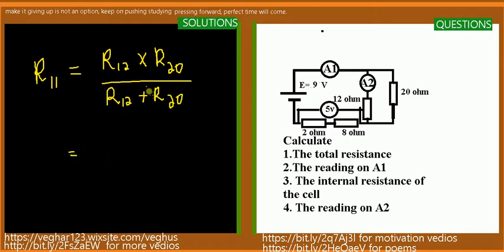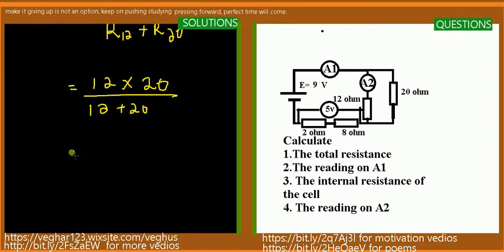So adding these two, we'll have 12 multiplied by 20, all divided by the sum of the two, which is 12 plus 20. Multiplying the two, you'll find it's 240, and adding the 2 is 32.